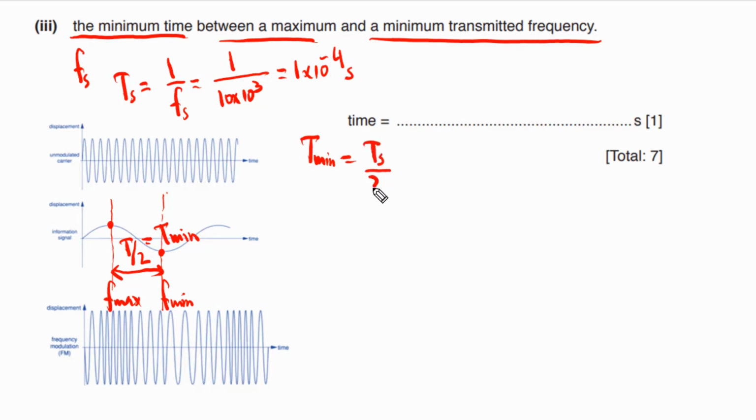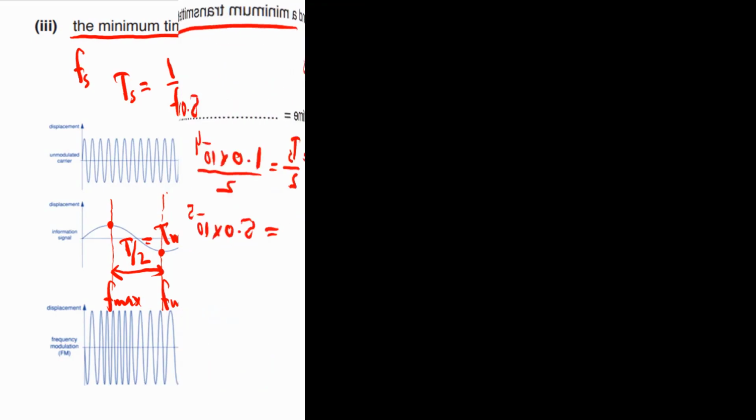Simply we divide Ts by 2: 1.0 times 10 to the minus 4 divided by 2. Our final answer is 5.0 times 10 to the negative 5 seconds. So this is our final answer.